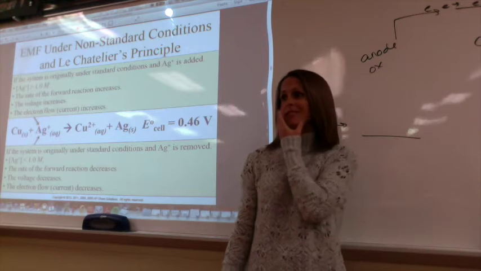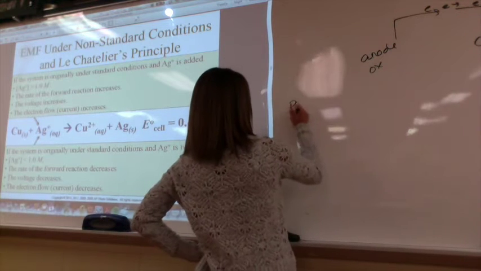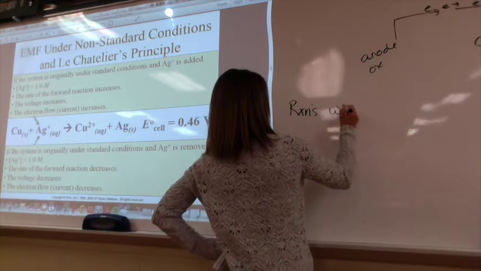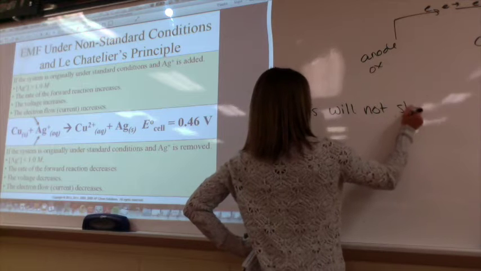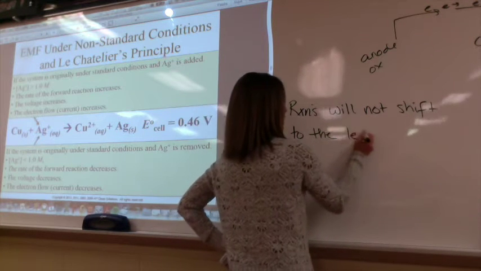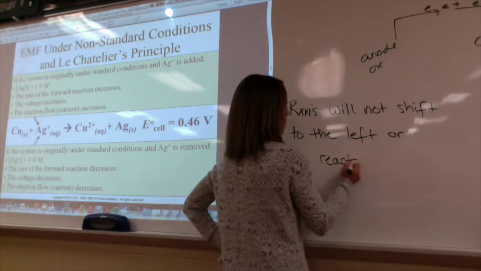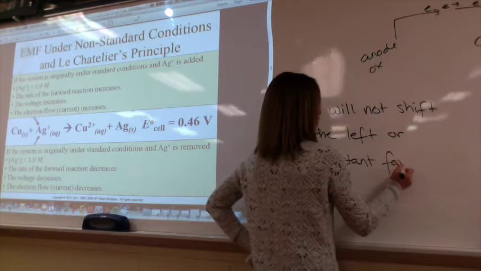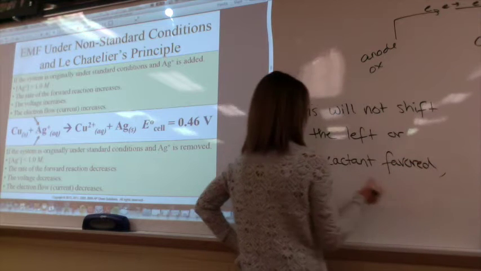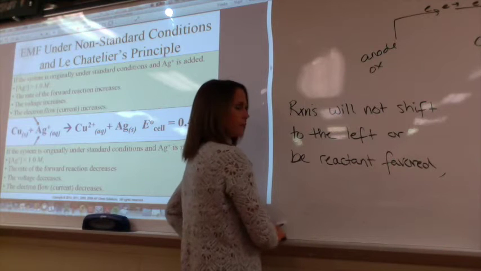Write that down. Reactions will not shift in the reverse direction. Reactions will not shift to the left or be reactant favored. Those are all the words we use. I guess it could be reactant favored, but we're not shifting to the left. We're not going to do that.